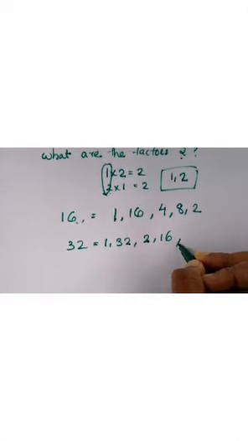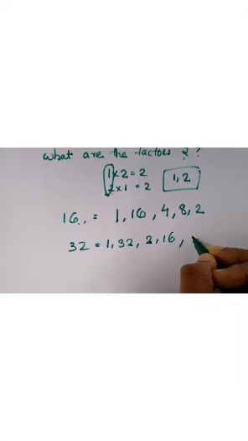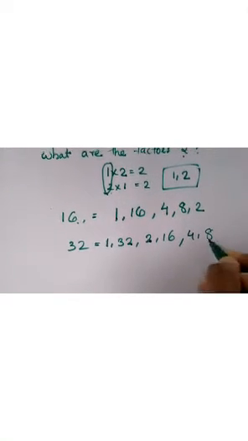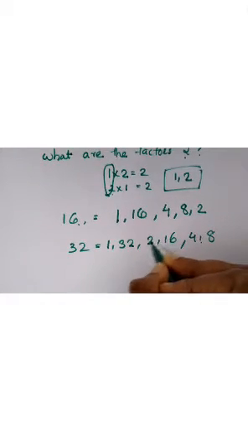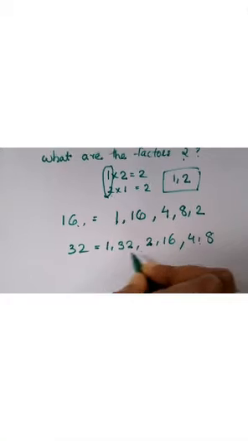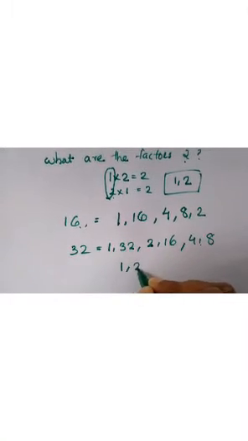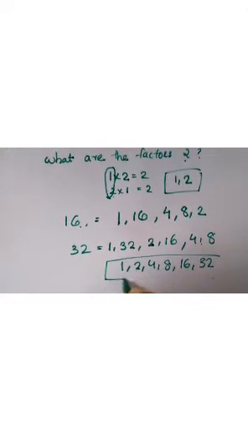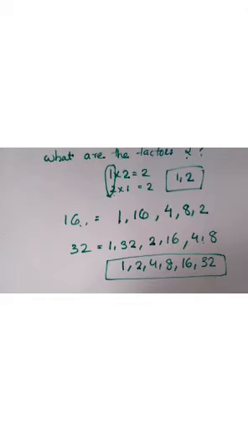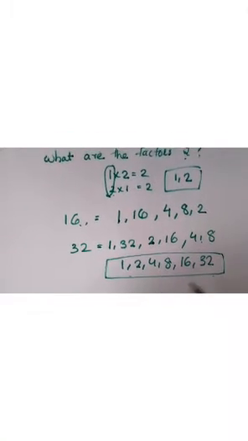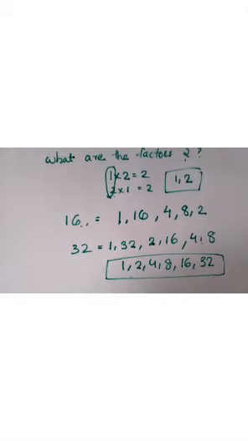Then 4 times 8 is 32. 32 times 1 is 32. So 1, 2, 4, 8, 16 and 32 are the factors of 32. We can write them in ascending or descending order, whatever it is.